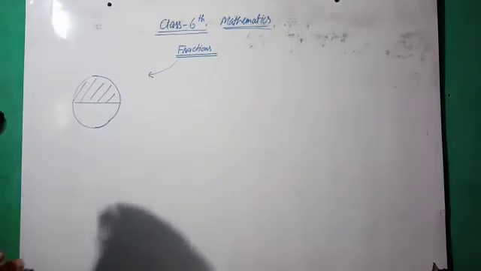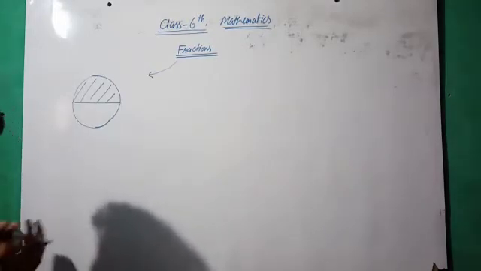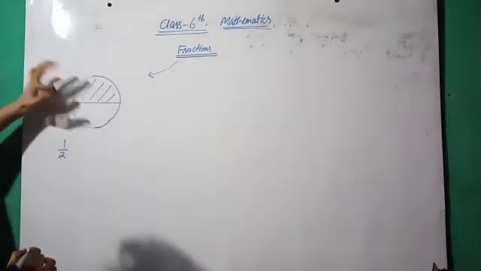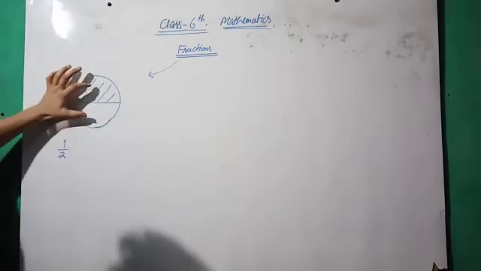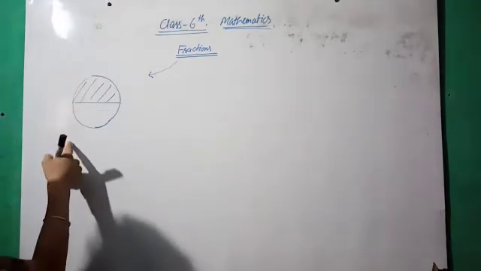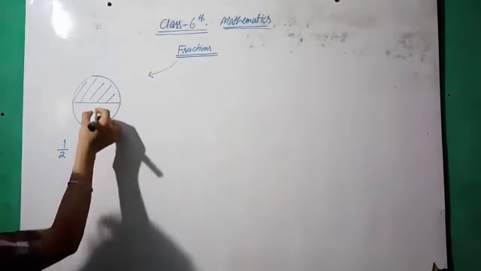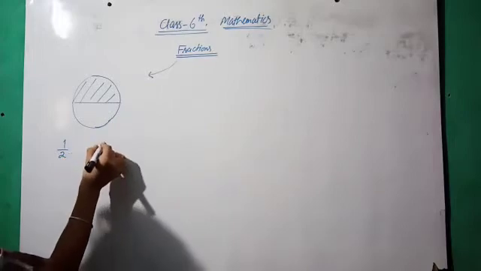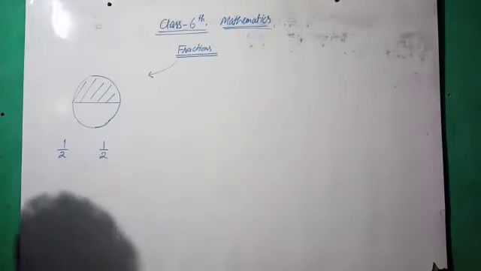So we can say that the above part is half of the total, or if we have two parts, the above part is one of the two, and the below one is another half, or one of the two.